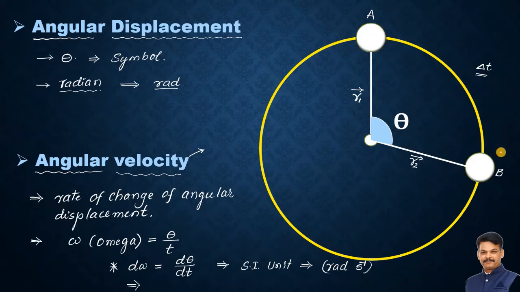For example, if the object is moving from B to A like this, then at one instant of time t, when the object is present at point B, how will be the direction of its velocity? Yes, the direction at that point will be along the tangent drawn to the circle at that point.